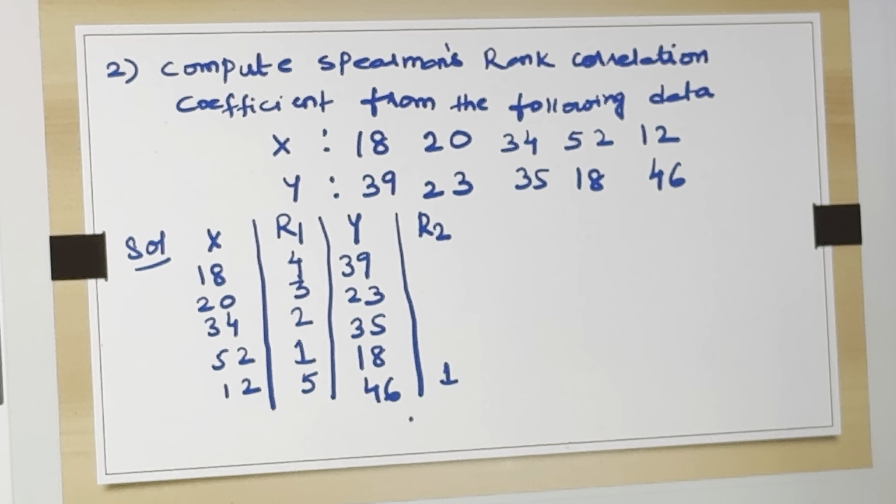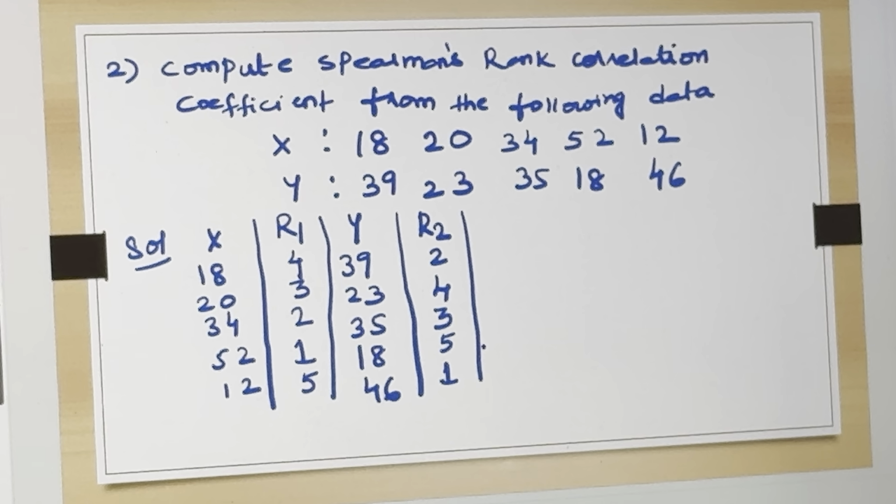So against 46 you can put the rank 1. 46 के बाद नेक्स्ट हाईएस्ट क्या है? 39. So 39 के अगेंस्ट रैंक 2 पुट कीजिए. 39 के बाद 35. 35 के against rank 3 you are supposed to put. So how many more numbers are there? 23 and 18. Among 23 and 18, 23 is the highest number, therefore you can assign rank 4. Similarly, against 18 you can put rank 5.